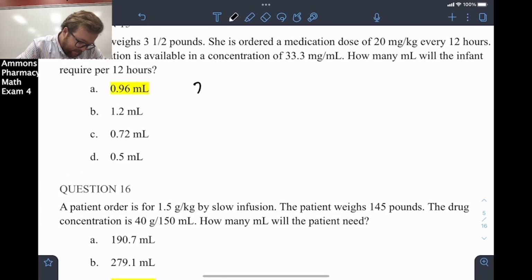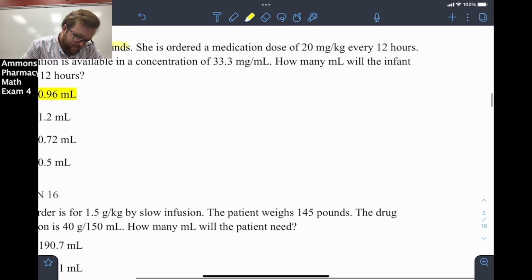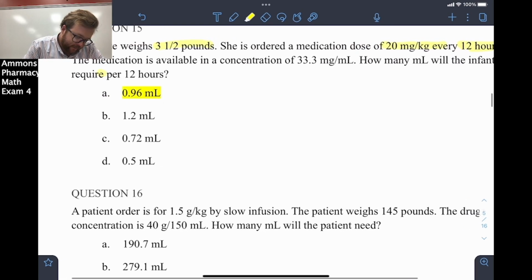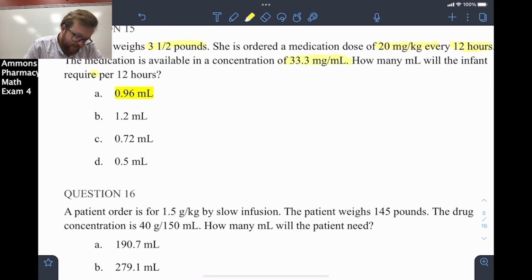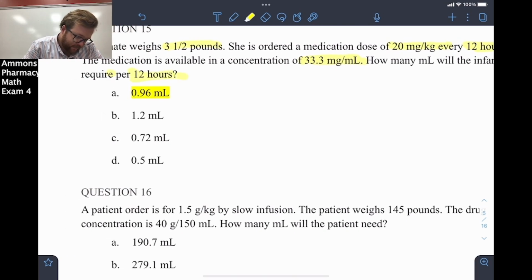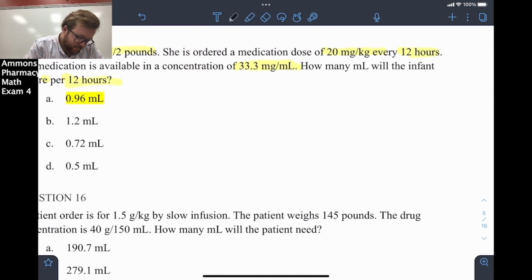3.5 pounds. Goodness. 3.5. 20 milligrams per kilogram every 12 hours. Medication is available in a concentration of 33 milligrams per mil. How many mils will the infant require every 12 hours? Okay.